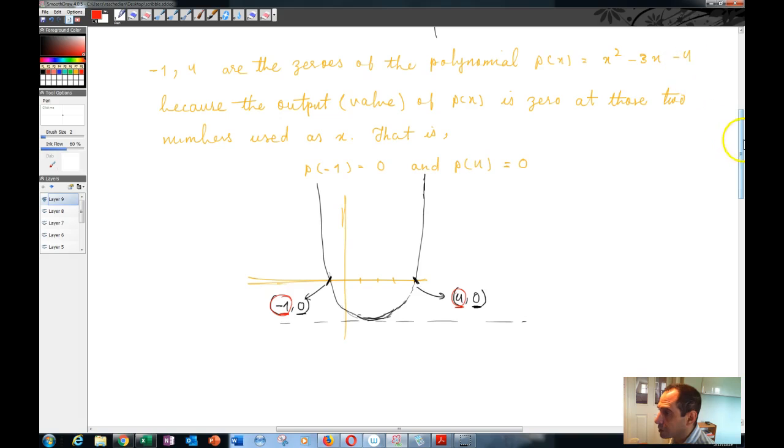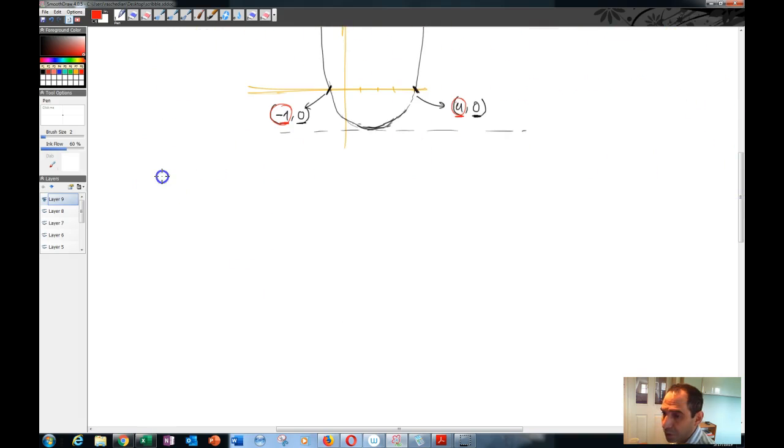Your polynomial was x squared minus 3x minus 4. You can call this p of x or whatever you want. So now you want to find the zeros of this polynomial, meaning the x's for which the output of this polynomial is equal to 0. So p of x is equal to 0.